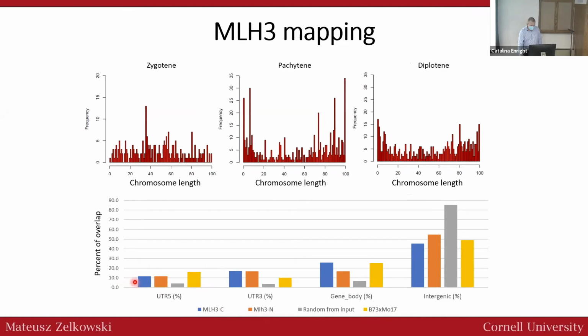And you can see we have like 10% to 15% where is the control. But here in the genic region, we have very similar, like 25% in total for MLH3 and 25% for the crossovers. Around 50% for the intergenic and 50% for the positive control, and completely different than the negative control.